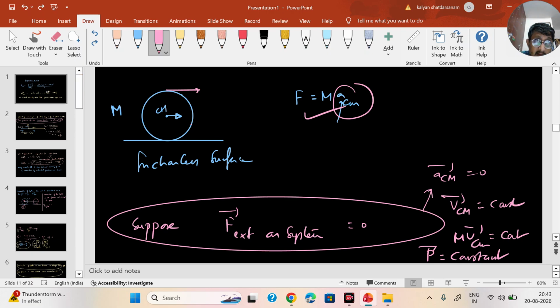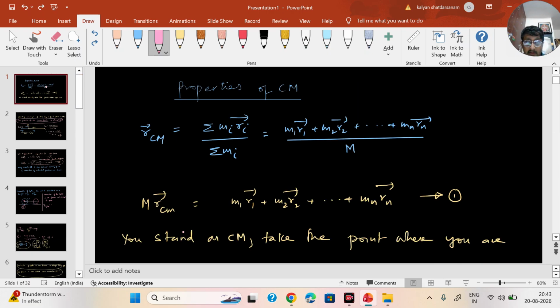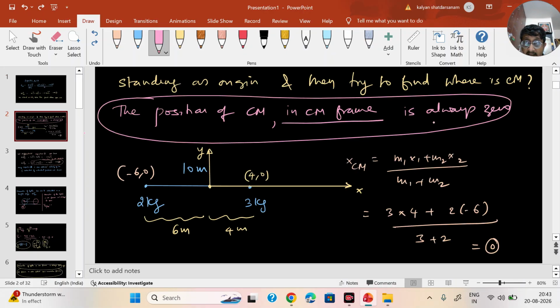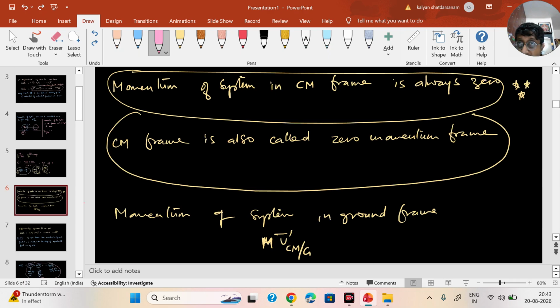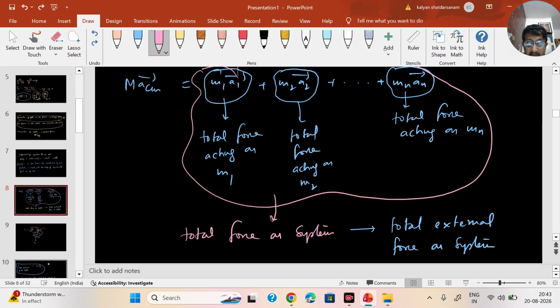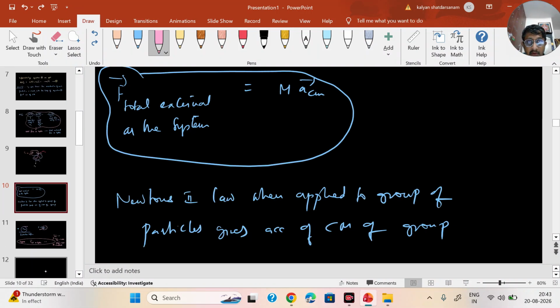So first, position of center of mass in the center of mass frame is always zero. Very important. Next, momentum of the system in the center of mass frame is always zero. That's why center of mass frame is also called the zero momentum frame. Then total force acting on the system will result in acceleration of center of mass.